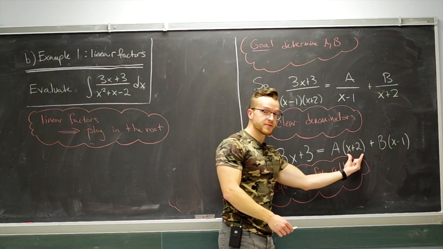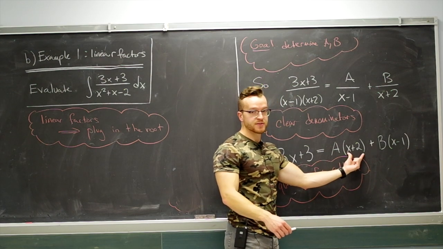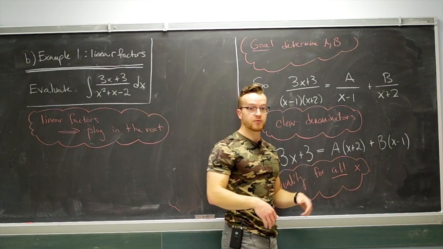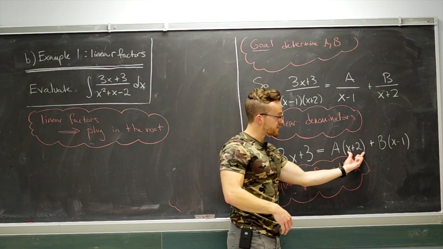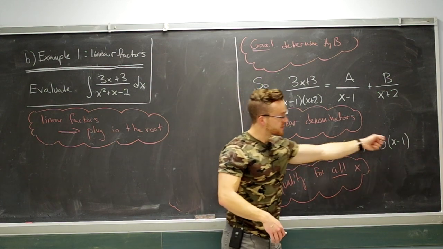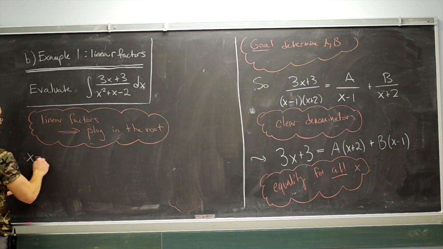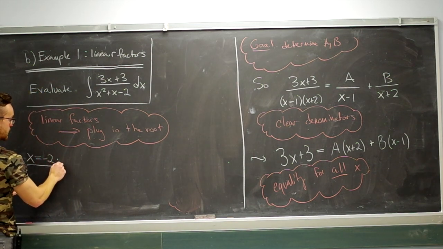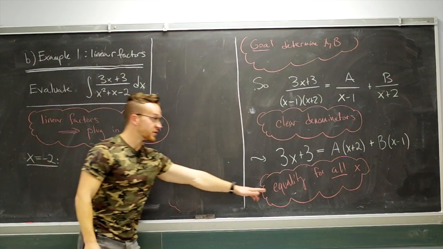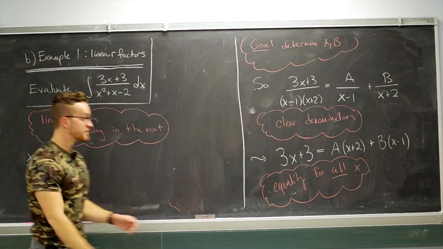The root of this factor is the number which makes it 0, which is negative 2. So the first thing I'm going to do is plug in x equals negative 2 into this equation, which I'm allowed to do because this holds for all x.